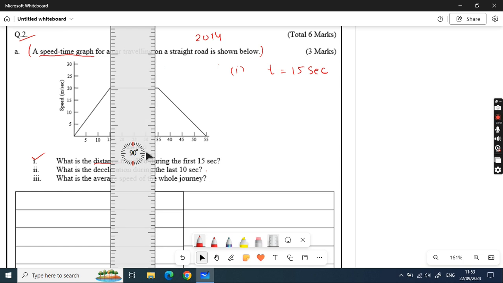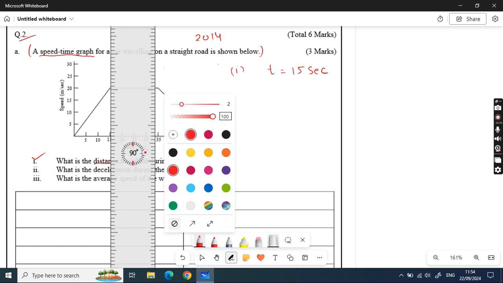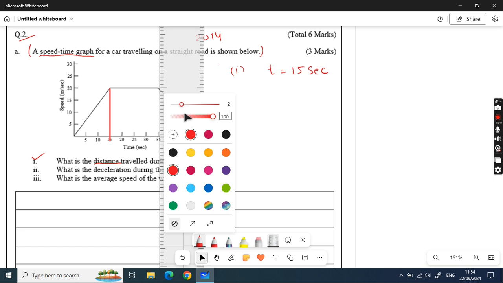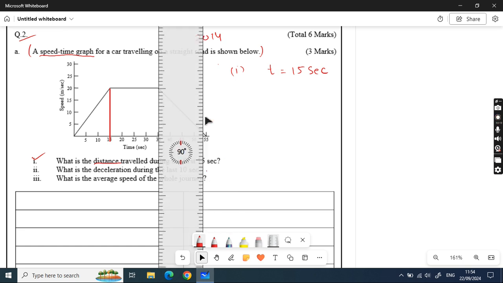We have to divide the graph into three different portions. The first portion is this, and the second portion of the graph is like this.